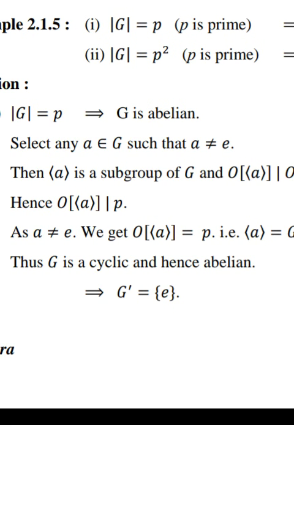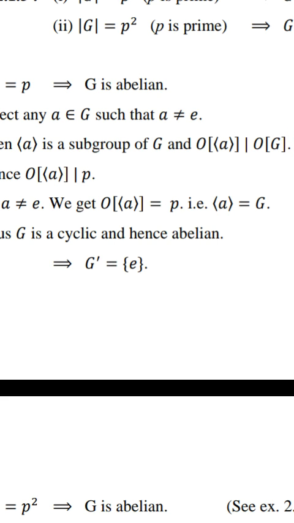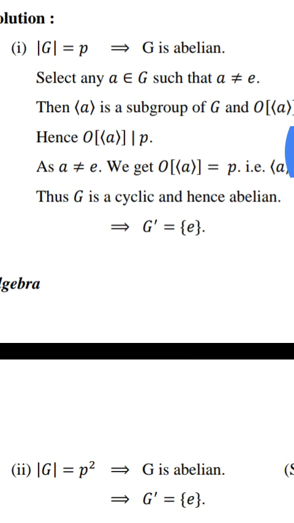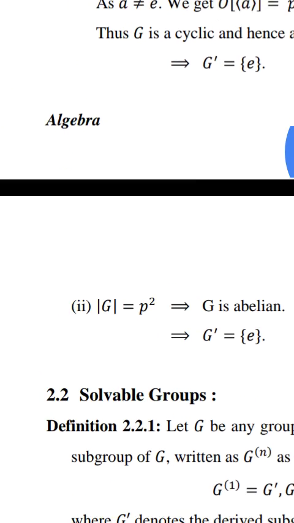Hence, the order of a divides p. As a is not equal to e, we get the order of a is equal to the order of the subgroup generated by a, which is equal to p. Therefore, the subgroup generated by a is equal to G. Thus G is cyclic and hence abelian. Therefore, G' is equal to the singleton {e}.